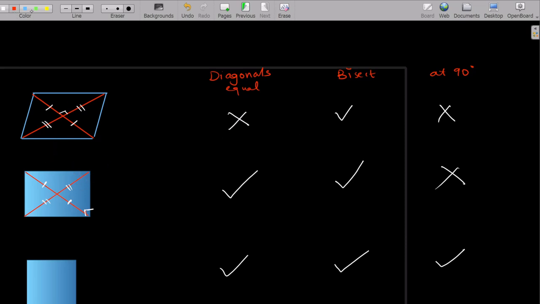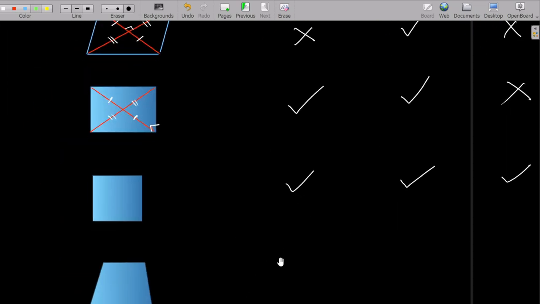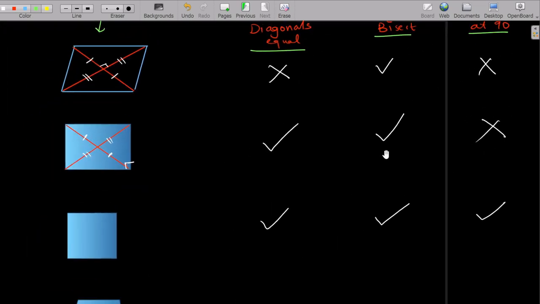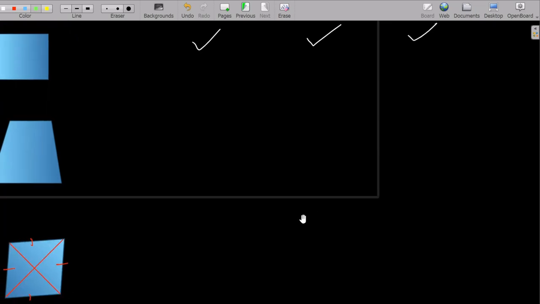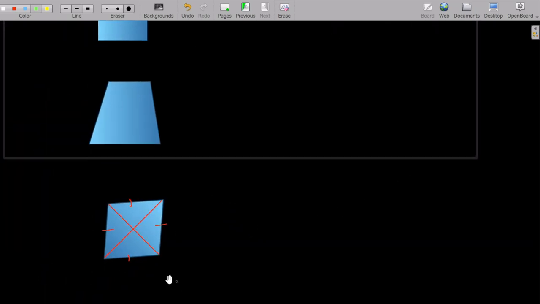Like we did it for a general parallelogram, right? This is the most general parallelogram, and we got that the diagonals bisect. So they will bisect for every single type of parallelogram. That's why we have a tick for each one of them. So here as well the diagonals will bisect.